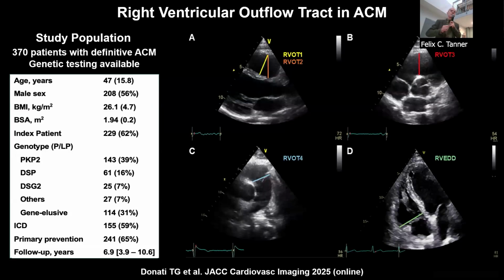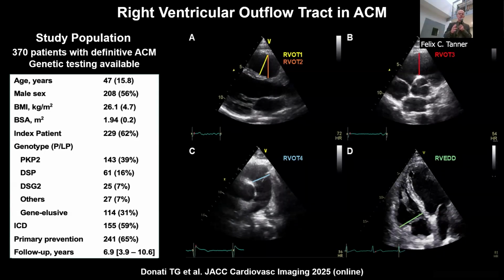So we decided to run a project, and we collaborated with others. We were able to collect 370 patients with definitive arrhythmogenic cardiomyopathy and genetic testing available. So this is a pretty useful cohort.